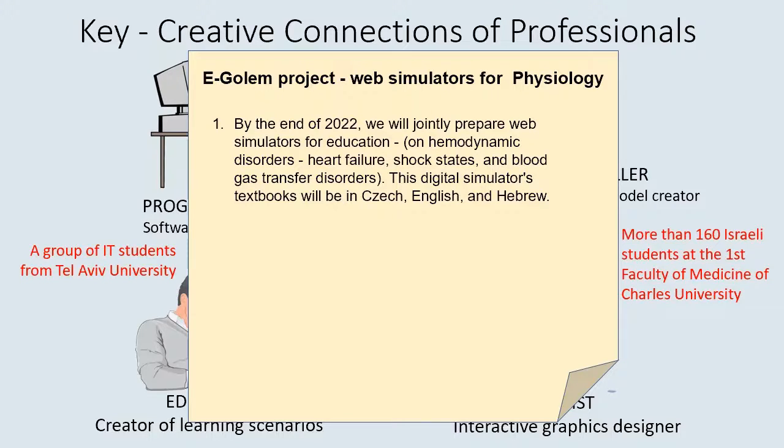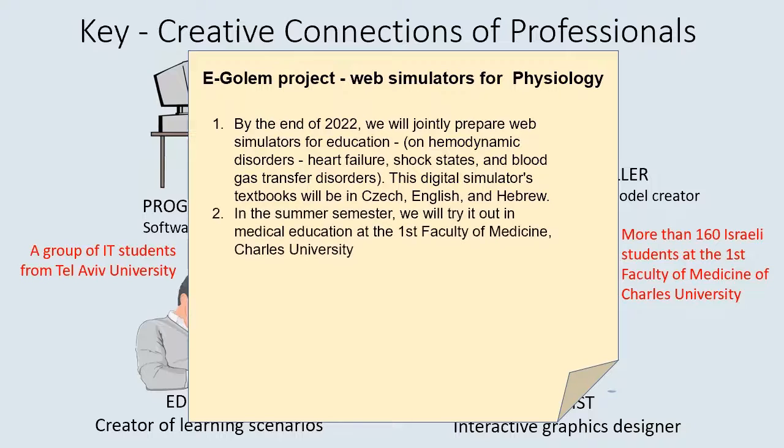Web-based simulation textbooks will be made in Czech, English, and Hebrew. In the summer semester, we will try them out in medical education at the First Faculty of Medicine. We will also try to test them in teaching at the partner medical school in Israel.